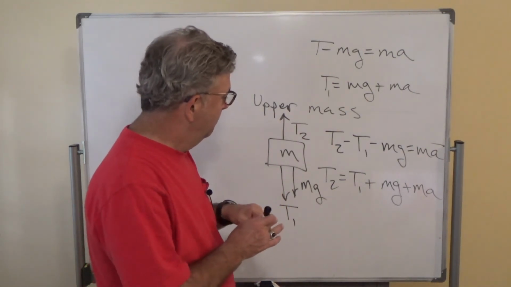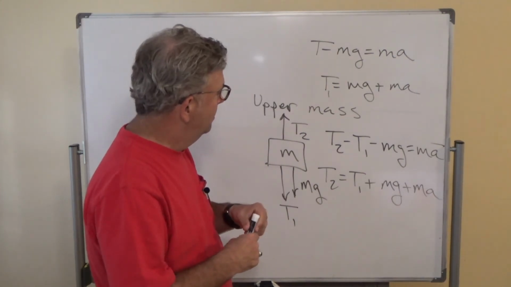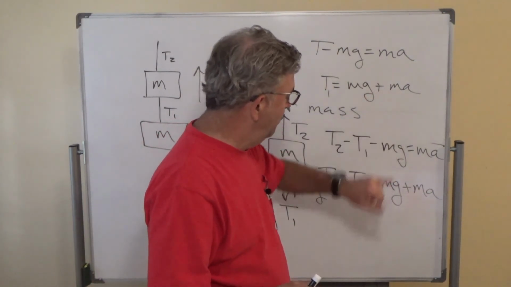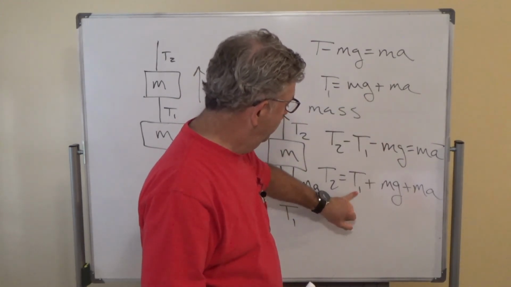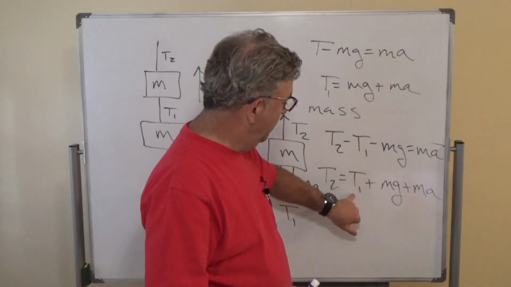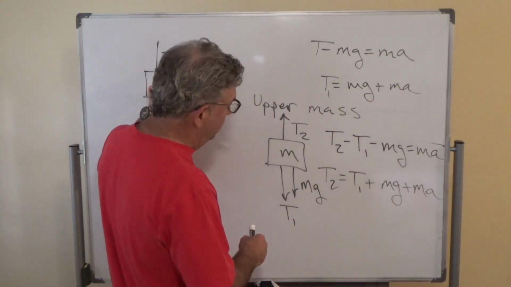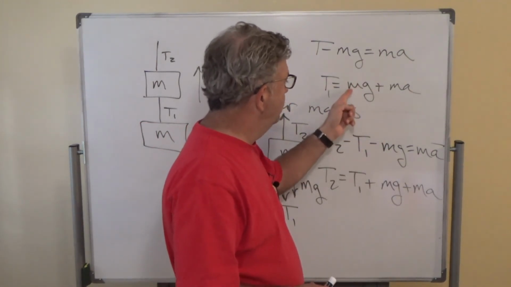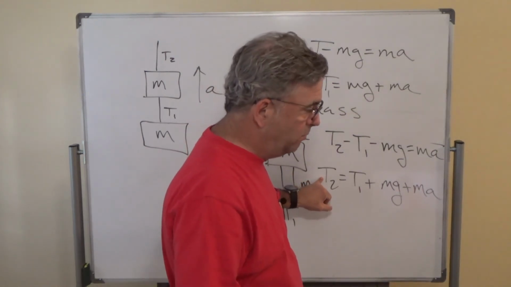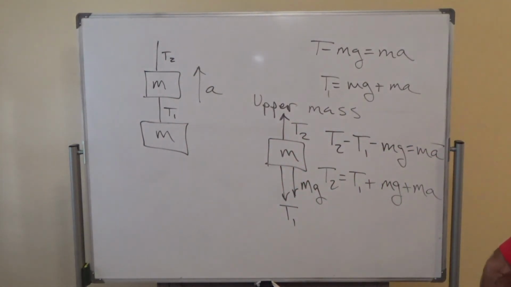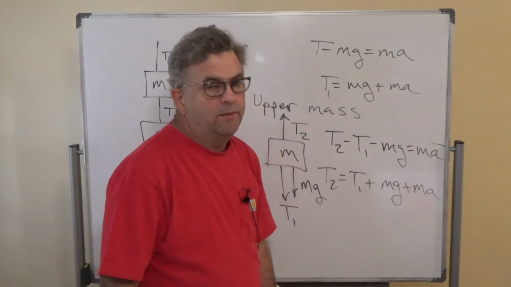T1 is just mg plus ma. So you can replace T1 with mg plus ma, and you get T2 equals 2 times mg plus ma. Then you can plug in 91.8 newtons, and calculate a.